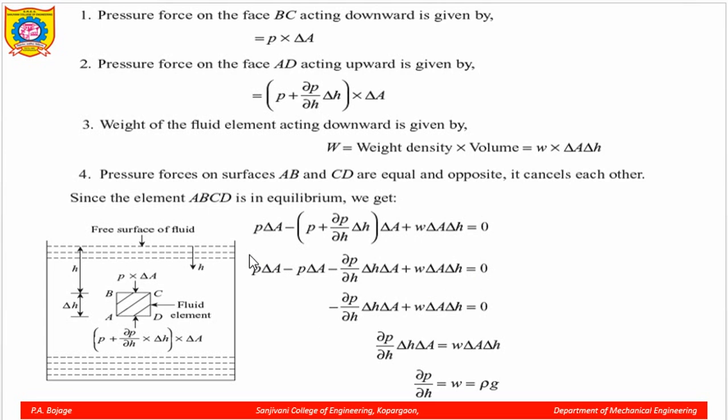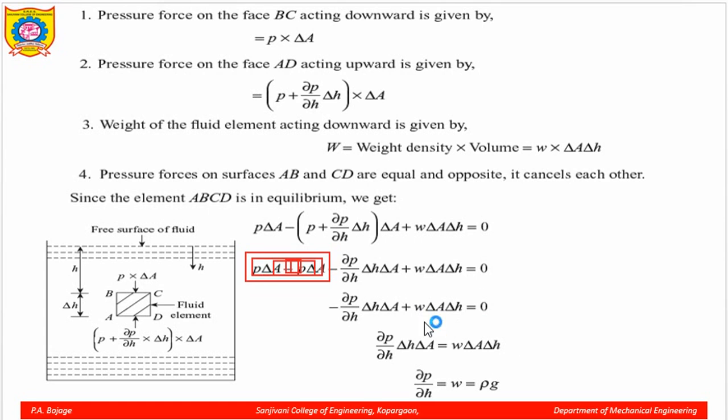Now these two terms will get cancelled. So, minus delta P upon delta H delta A plus W delta A delta H is equal to 0.